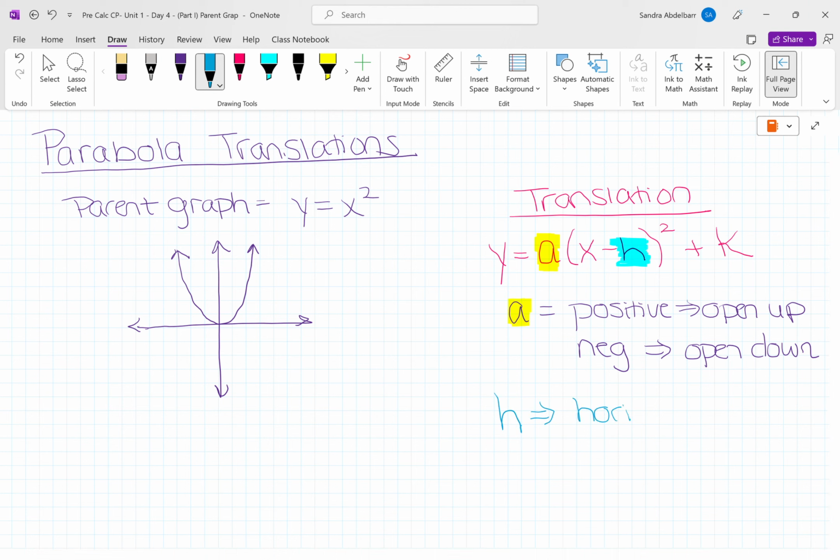Okay, h is going to be our horizontal shift of the turning point.